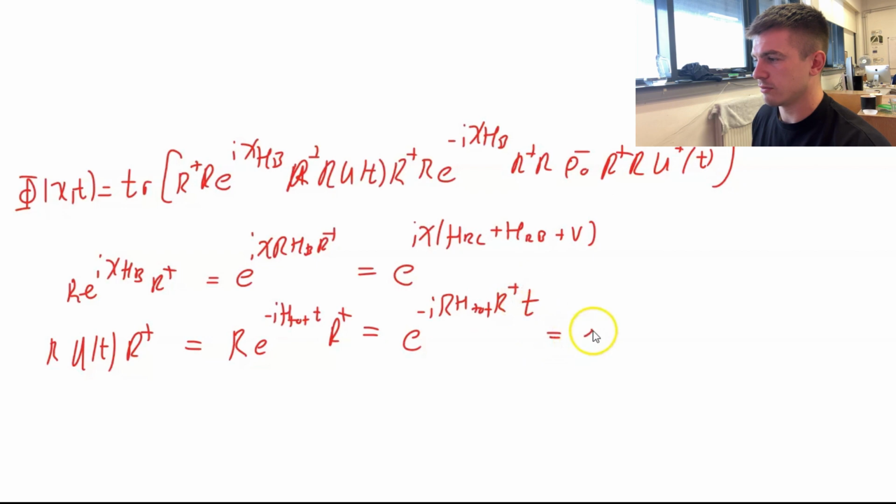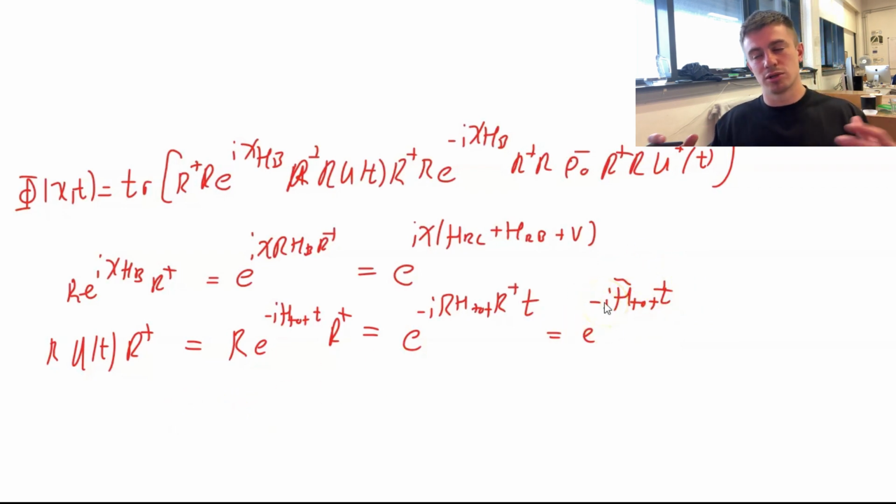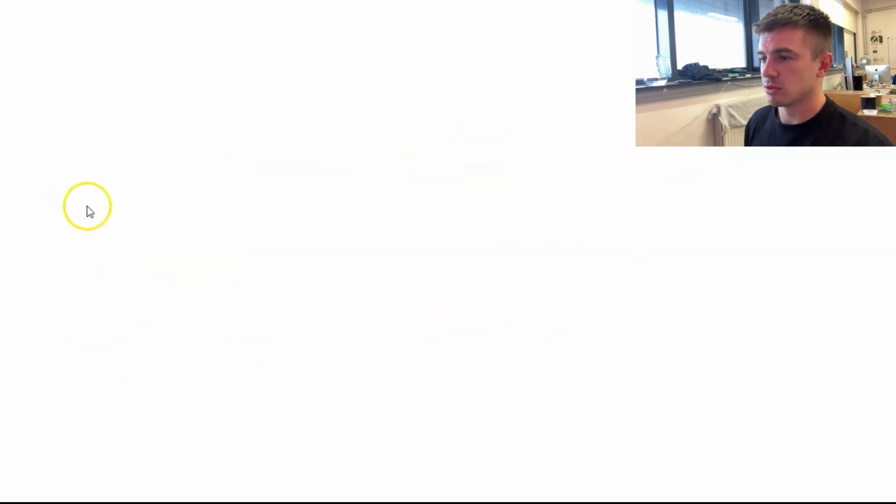And one thing that I forgot to mention about the reaction coordinate mapping is that it leaves the total Hamiltonian invariant. So I'll just write this as minus i H total with a tilde on top times the time. This is telling us that it's the same Hamiltonian, but we've written it in a slightly different way. So now let's look at what our characteristic function looks like after we perform the reaction coordinate mapping.